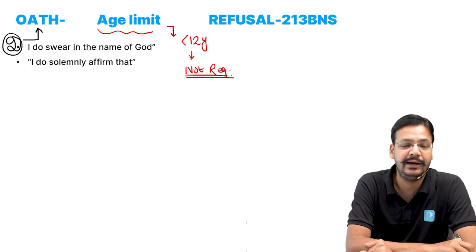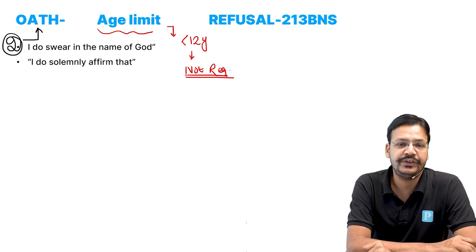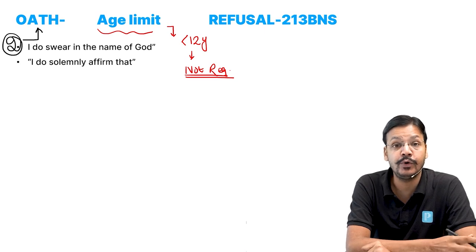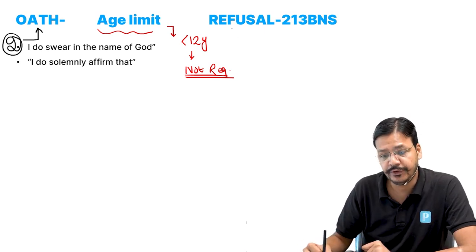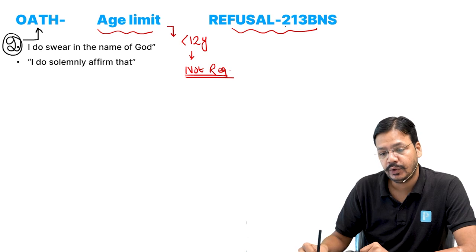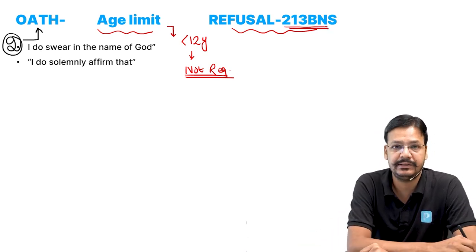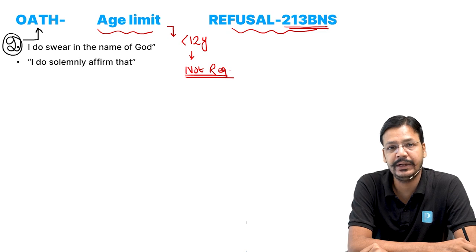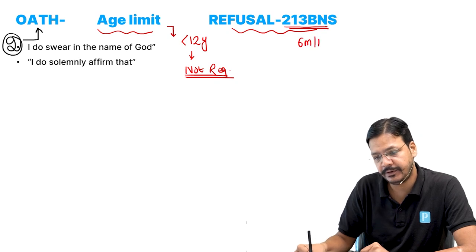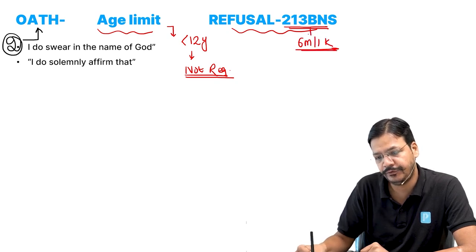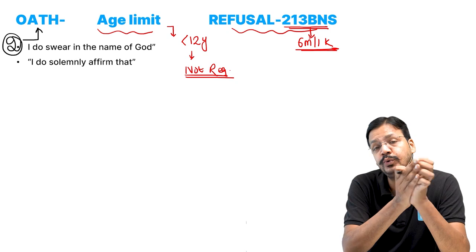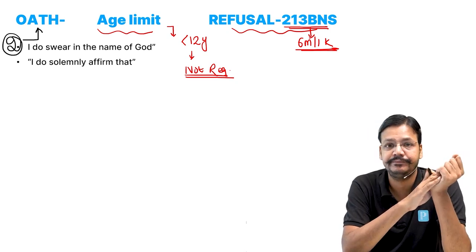So the age limit of taking oath is 12 or above. If you refuse the oath, it is punishable under 213 BNS. There may be 6 months imprisonment or a 1,000 rupee fine if you refuse the oath. Not attending summons is 208; oath is 213 BNS.